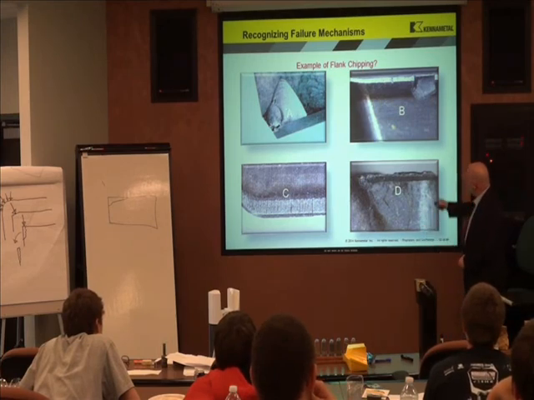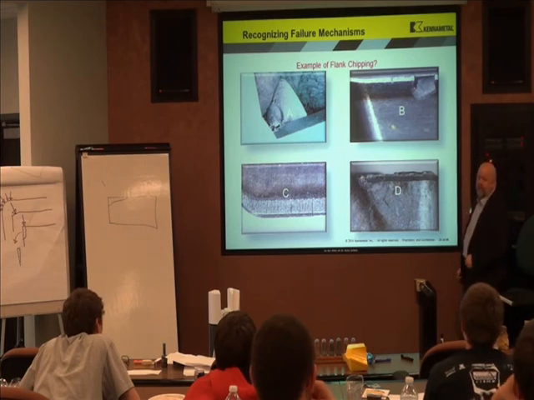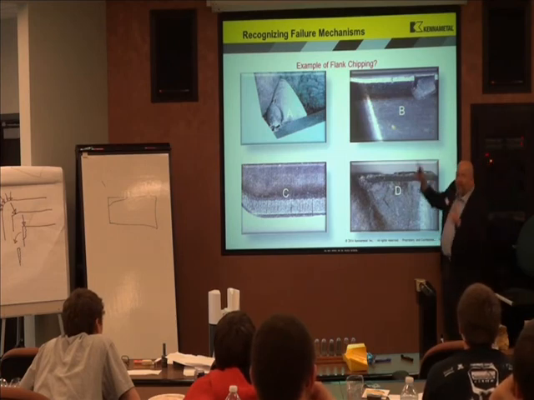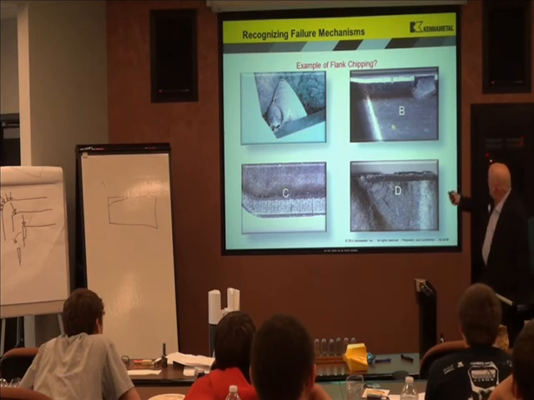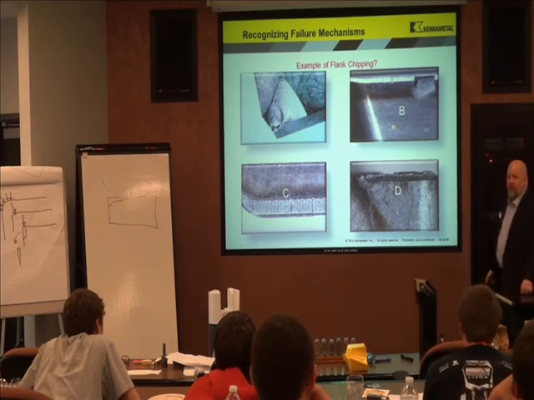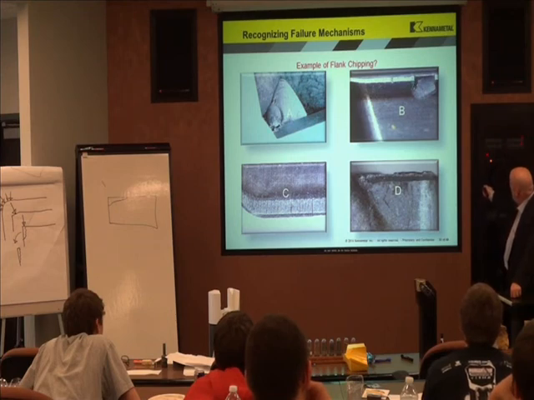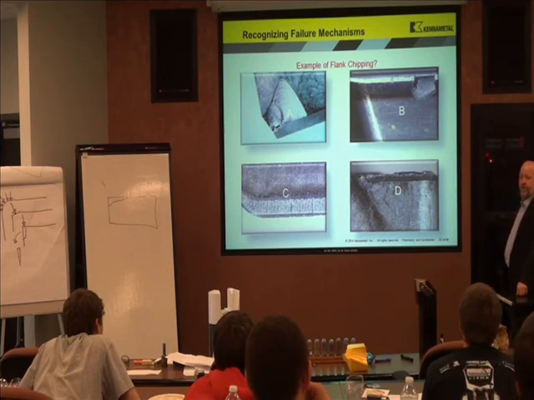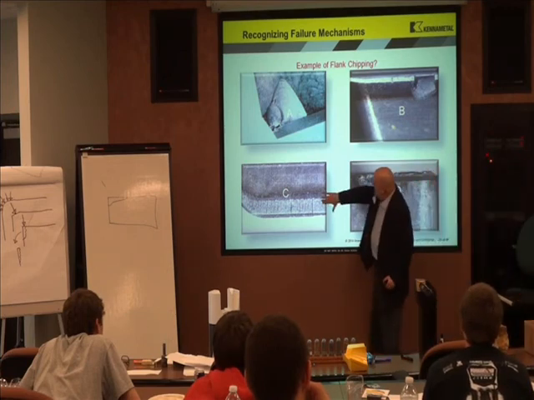That's it broke. That's built up edge. And we say that's the flank, but I'm going to give you a secret here. That is flank chipping. But whenever you see a chip that has straight edges, if you look, this insert is that insert. This is the top.